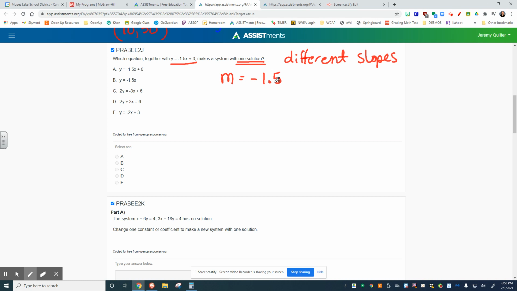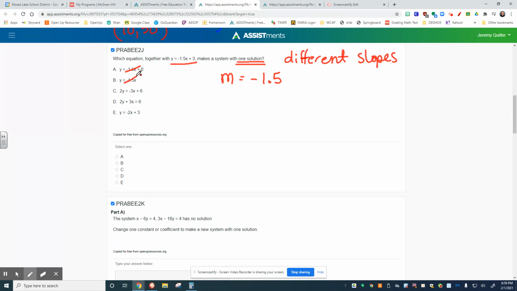So as I look at the rest of these, one solution has to have a different slope. I can see A has the same slope, B has the same slope, and the rest of them I'm not really sure. E does not have the same slope, so it could very easily be E. Let's look at C and D just to make sure.